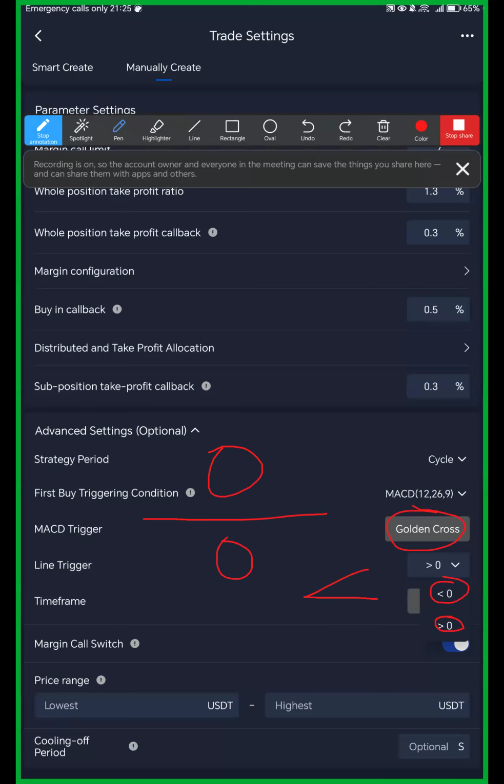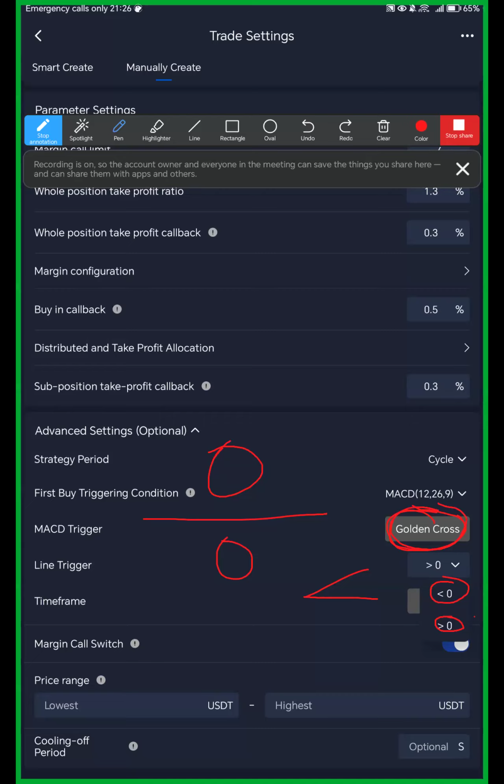So you are giving instructions to your robot that, please, I know you are going to monitor a golden cross in a 15 minutes time frame. There is a time frame here also. I told you that it normally looks for a golden opportunity in 15 minutes. So you are telling it to look for a golden cross that is happening in 15 minutes, but you're going to be specific with it.